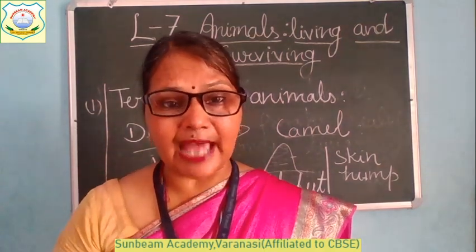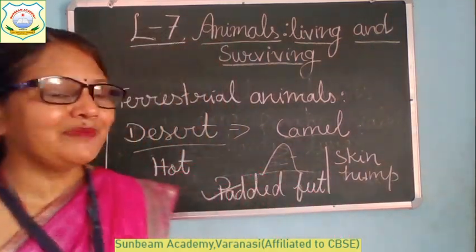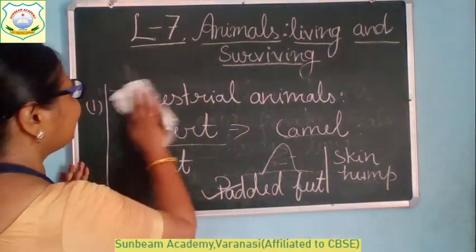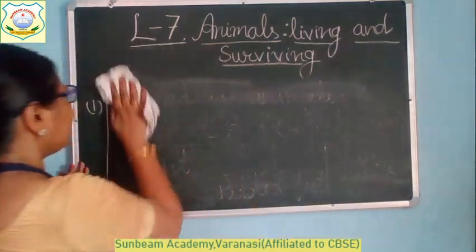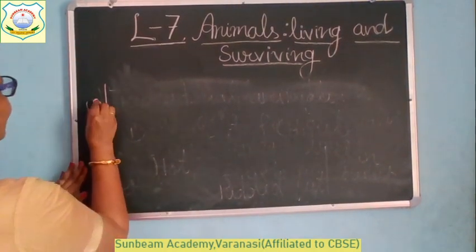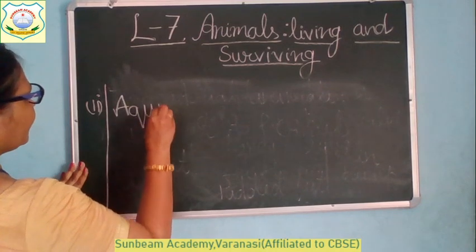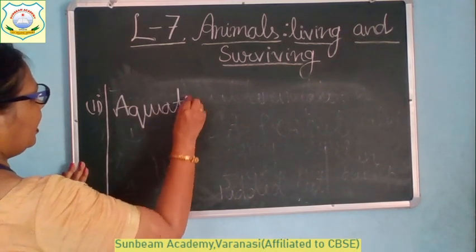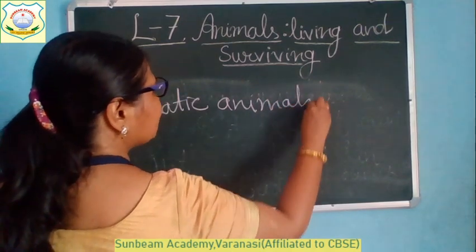And there are some animals which live in water. The animals which live in water, what are they called? They are called aquatic animals. The second one is aquatic. Aquatic animals. What are aquatic animals?